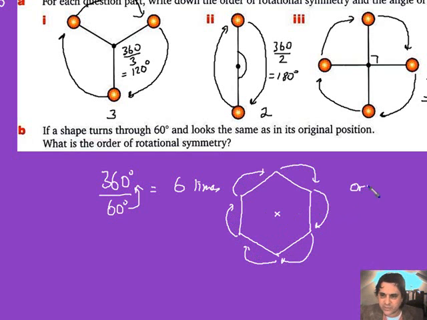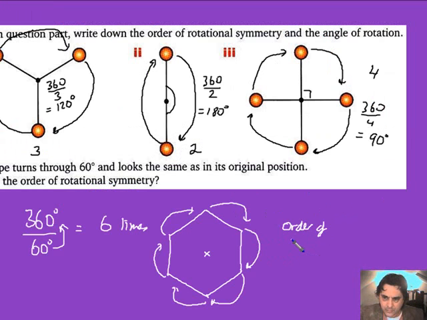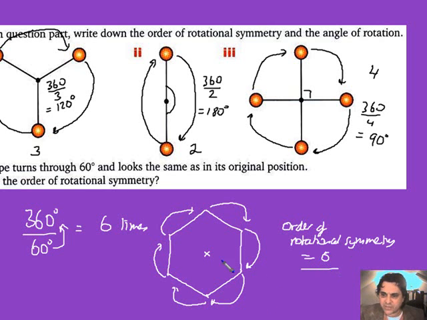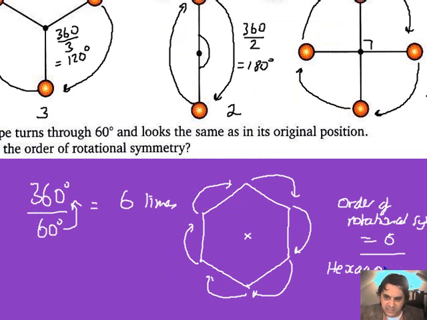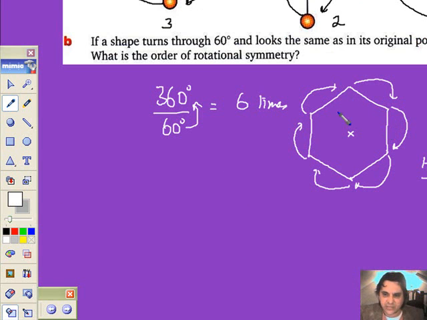So order of rotational symmetry equals 6. And you don't need to draw the picture, but you may recall that's called a hexagon, and it has to be a regular hexagon, otherwise the sides won't exactly sit on top of each other as they go for an extra 60-degree spin.